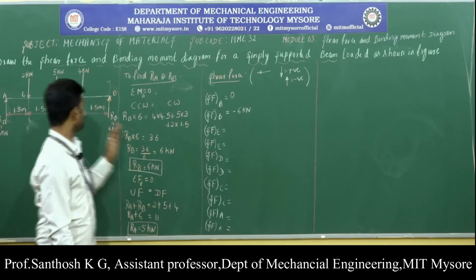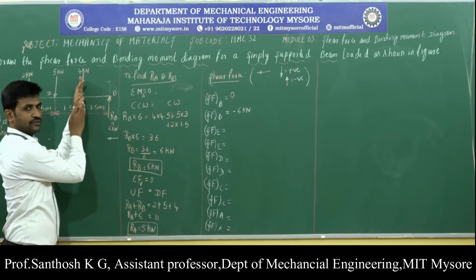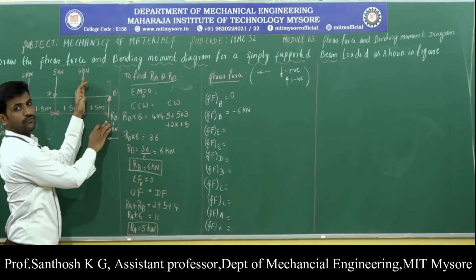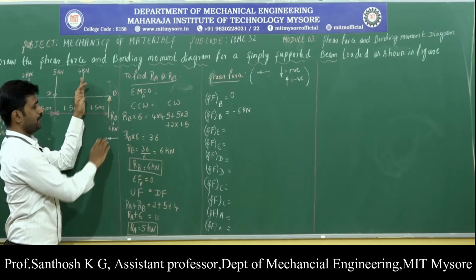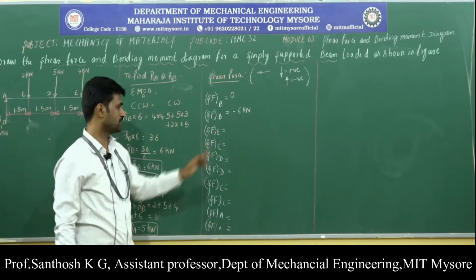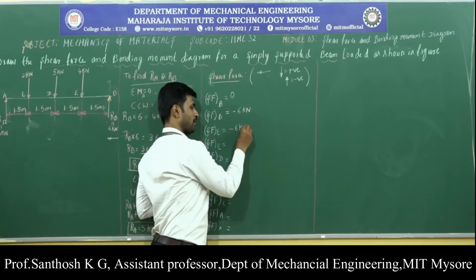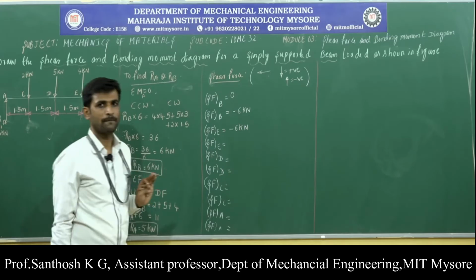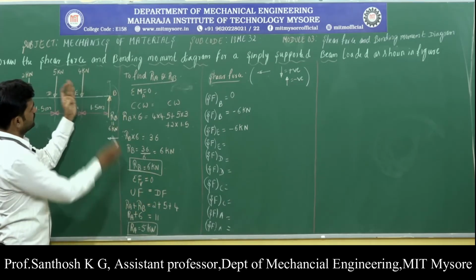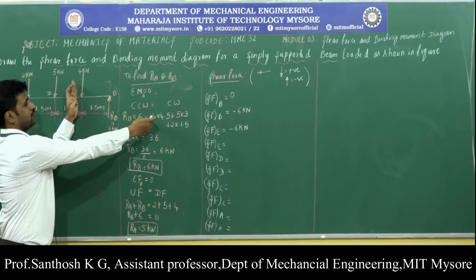Then if we come to point E, so when we move from right side to left side, up to point E we were having only one force at point B which is acting in upward direction. Therefore, the shear force at point E by neglecting the shear force acting at that point will be equal to minus 6 kilonewton.